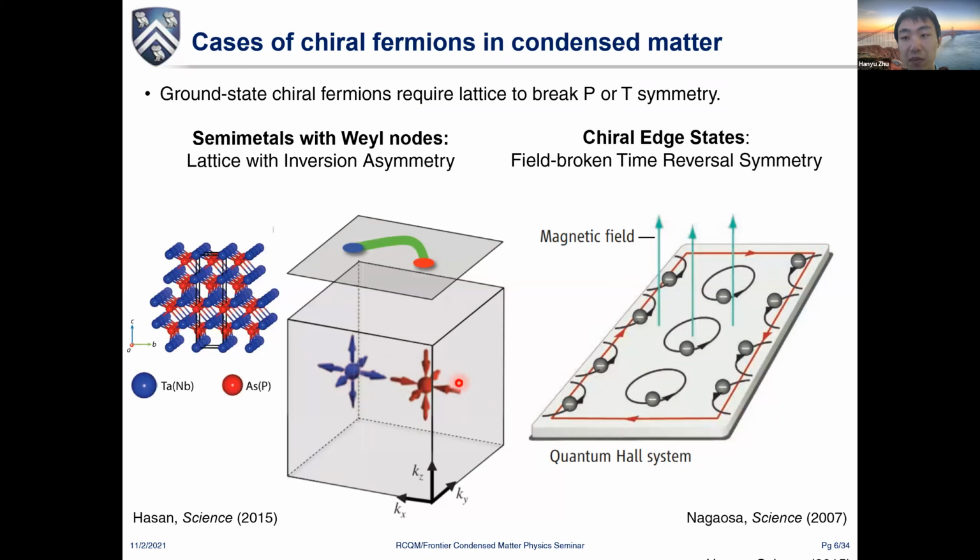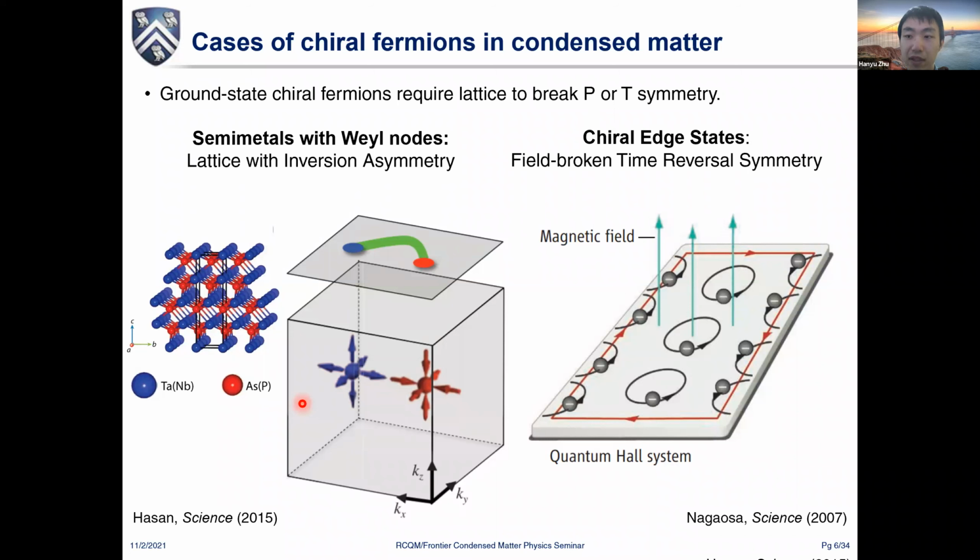As long as these two do not merge at the high symmetry points, they're always pairs. And then it's possible to prove that with spin orbit coupling, these points actually have chirality, because their spin will be locked with the momentum near the accidental touching point of a Weyl node. This has been well known for some time, and the topological properties of Weyl metals have attracted a lot of interest recently.